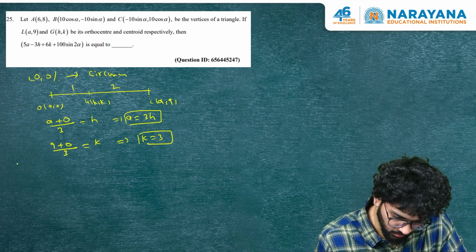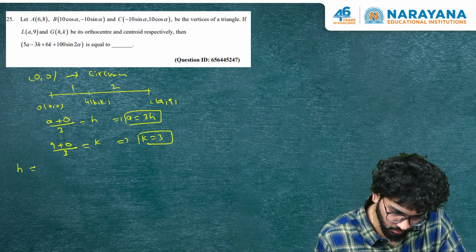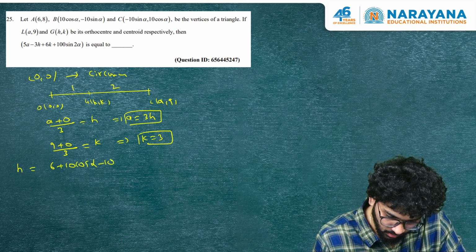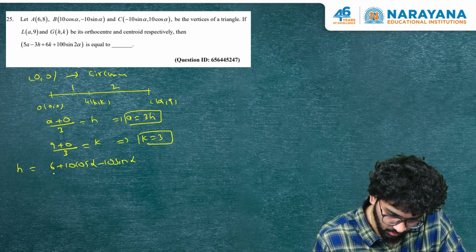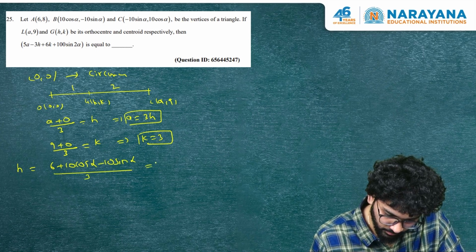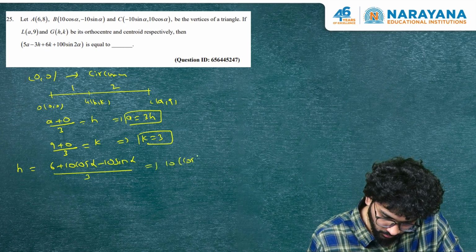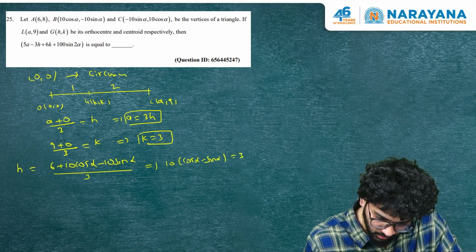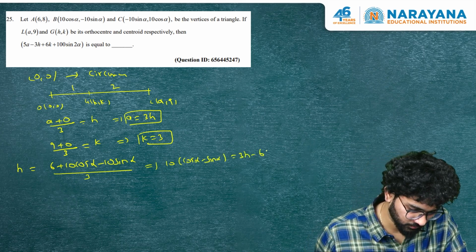So from here we can equate the centroid (H,K) with the vertices. The x coordinate: H is equal to (6 + 10 cos alpha - 10 sin alpha)/3, and from here I can say 10 times (cos alpha - sin alpha) equals 3H - 6.